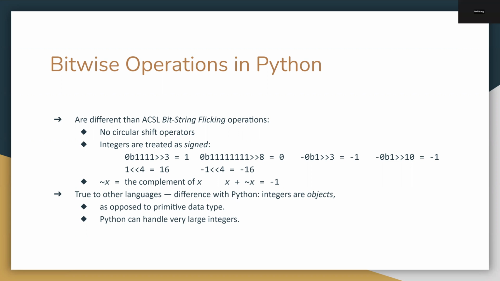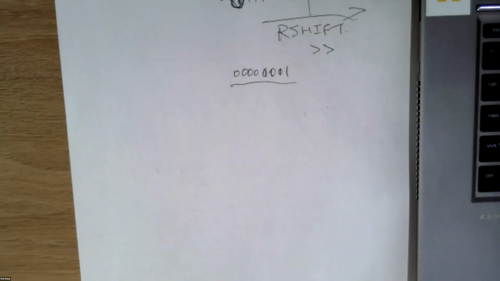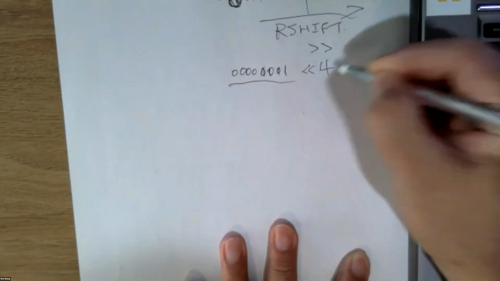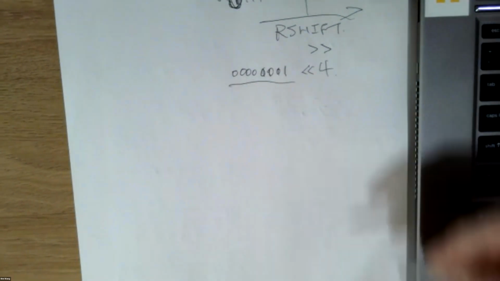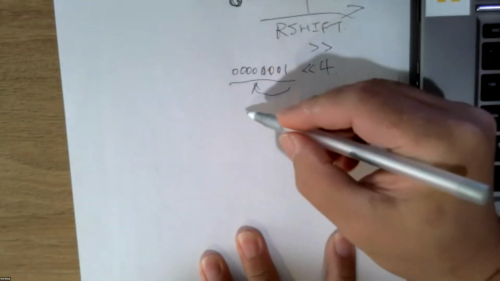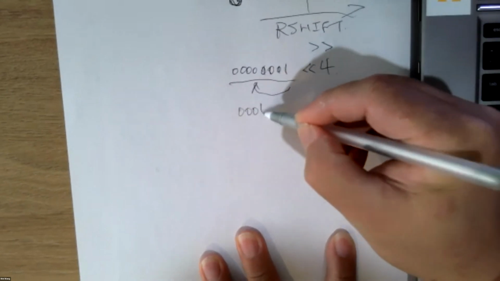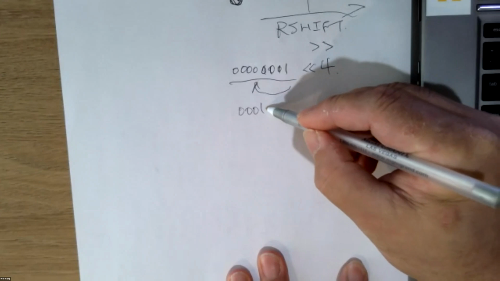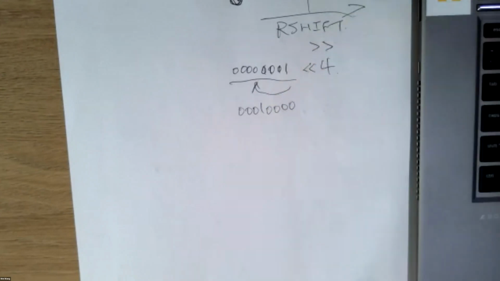And if you shift it left 4 bits, what do you get? You're basically moving this 1 over here, so this becomes 0 0 0 1 0 0 0 0, and you fill the right-hand side with zeros. That's the result.